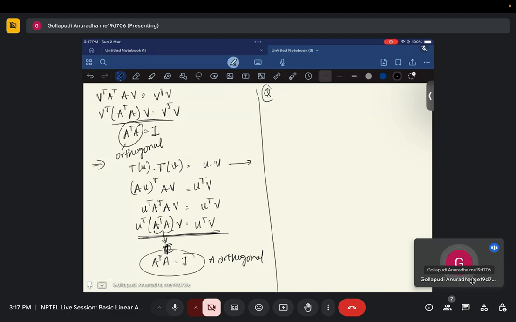Okay, so moving on to the next question. Every orthogonal matrix is an isometry. True or false?